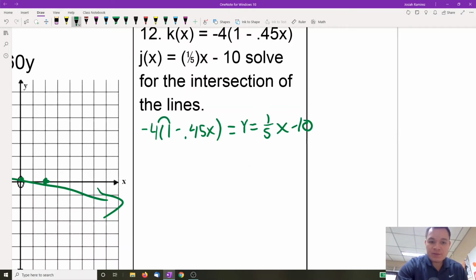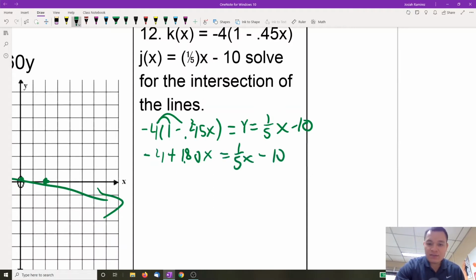Negative 4 times 1 is negative 4. Negative 4 times negative 0.45. It's going to make a positive. 4 times 5 makes a 0. Carry the 2. 4 times 4 is 16. Carry the 2 means 18. There are 2 decimal places, so that's 1.80x equals 1/5.